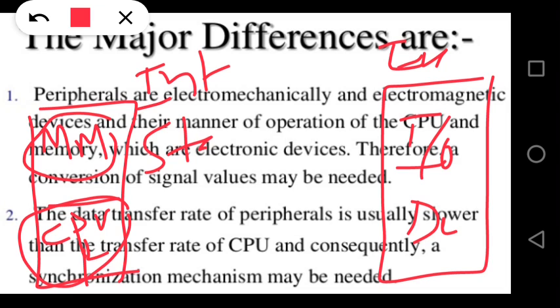The speed of electronic devices is entirely high compared to electromechanical devices. The speed of the electromechanical devices is very low. So it is required to have an IO interface here.